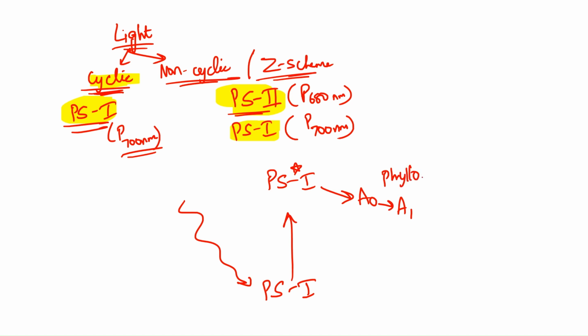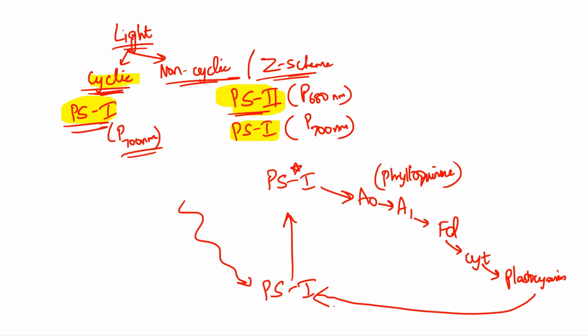Basically electron carriers, which transfer it to ferredoxin. From ferredoxin, it goes to cytochrome. From cytochrome, it passes to plastocyanin, where plastocyanin again brings it back to photosystem 1. So it is a cyclic pathway.